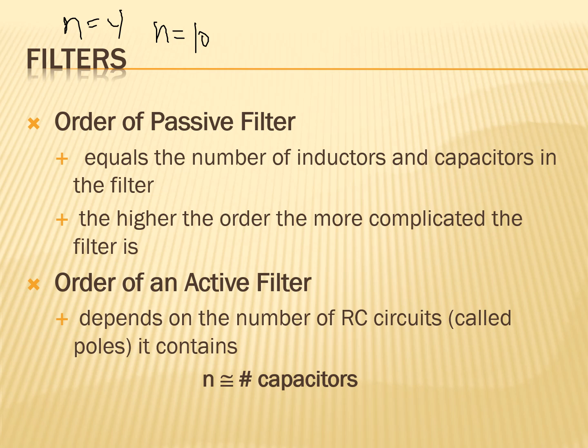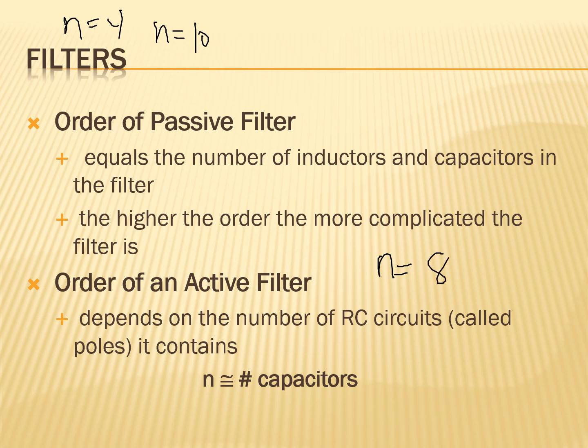Let us just count the number of capacitors. So approximately, the order of an active filter is approximately the number of capacitors that you can see in a certain active filter. So for example, if an active filter contains 8 RC circuits, then your n is equivalent to 8.